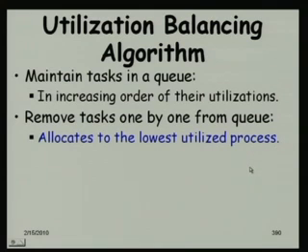Check which is the lowest processor at that instant and then allocate it. Of course, for the first task from the queue, both the processors will have 0 utilization, so it can be allotted to any one of them, but then the second one naturally will have to be allocated to the one which has 0 utilization, and from the third onward we just keep on comparing the utilization for different processors and then allocate.